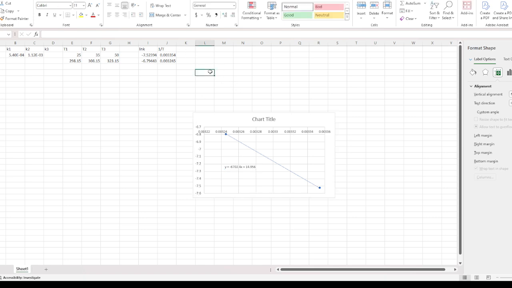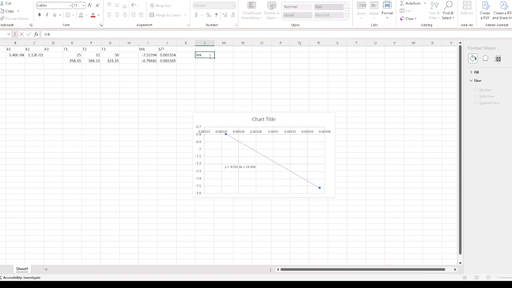Remember the equation, I'm going to write this on the thing, even though it's stupid. So it's ln K equals negative EA over R times 1 over T plus ln of A.